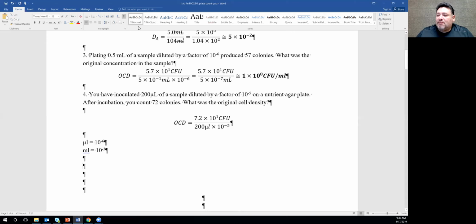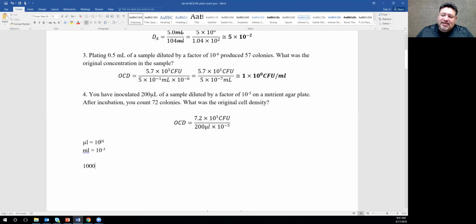Okay, what does this mean? Oh, I'm going to get rid of my formatting. What does this mean? This means that there is 1,000 microliters in 1 milliliter. Okay. So there's 1,000 microliters, because if you multiply this by 1,000, 1,000 is 10 to the third.